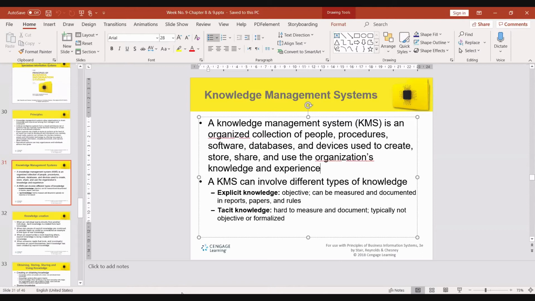Yes. So instead of people, if there is any system, the website or maybe the screen where you can go and find information, that would be the knowledge-based system. Now you get what the knowledge management system is?